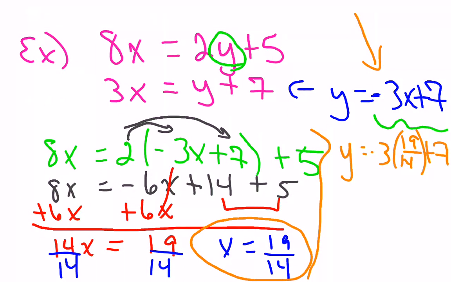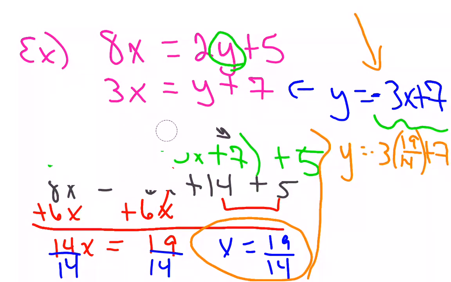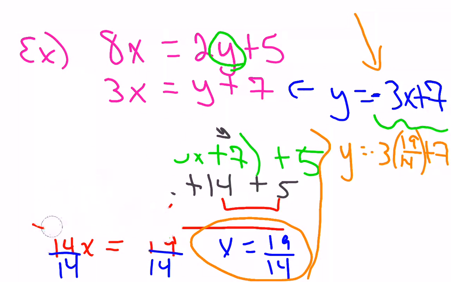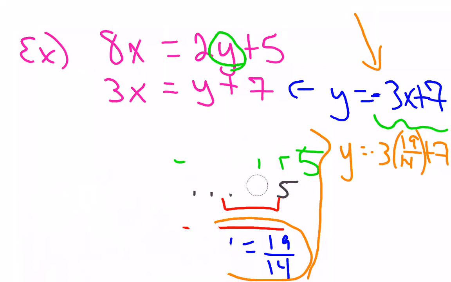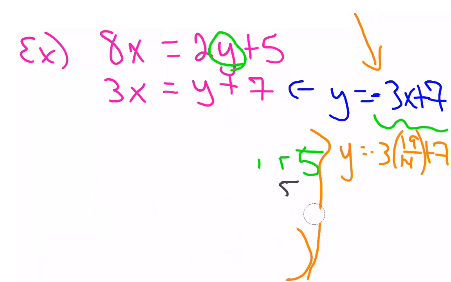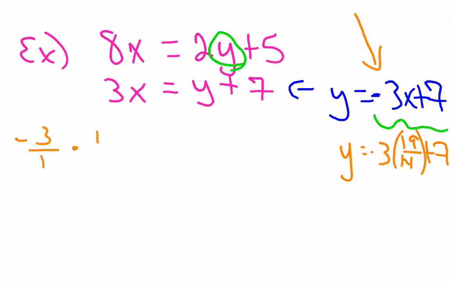All right, so in order to multiply negative 3 times 19/14, remember that we can write negative 3 as a fraction by putting it over 1 and then multiplying straight across. So we have negative 3 over 1 times 19 over 14 and multiply straight across.